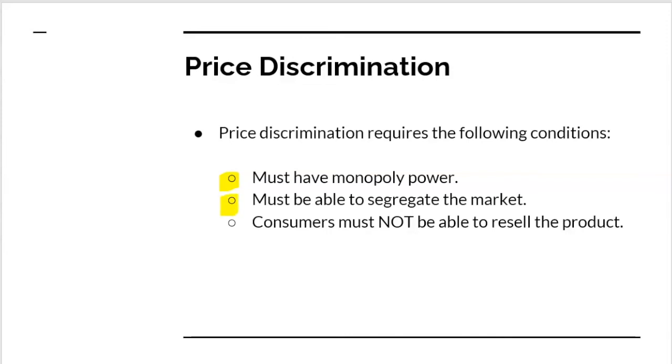Number two, you have to segregate the market, whether you separate by old or young, VIP member or not VIP member. You have to segregate the market in some way, shape, or form. And lastly, consumers must not be able to resell the product. There can't be a black market, because then people are just going to go to the black market if it's slightly cheaper there. So for price discrimination to work, you have to meet each one of these three conditions.